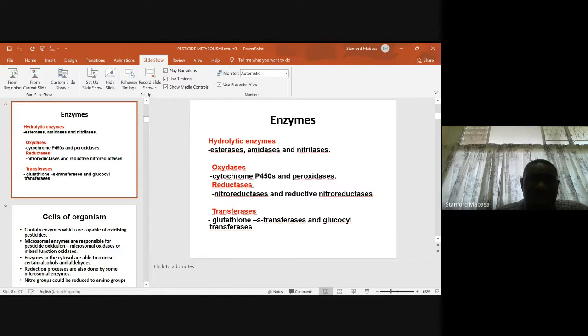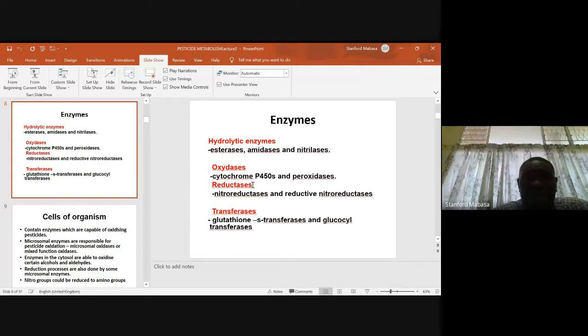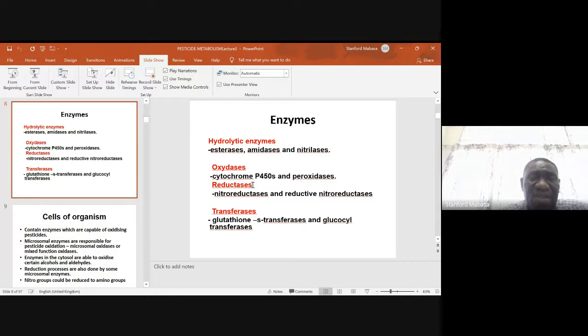Then we've got another group, transferases, glutathione S transferases, and the glycosylation. As we talk about these processes, we are going to mention some of these enzymes so that you know where exactly they become useful.